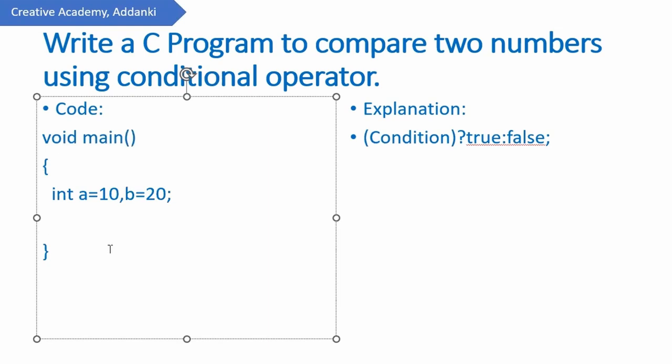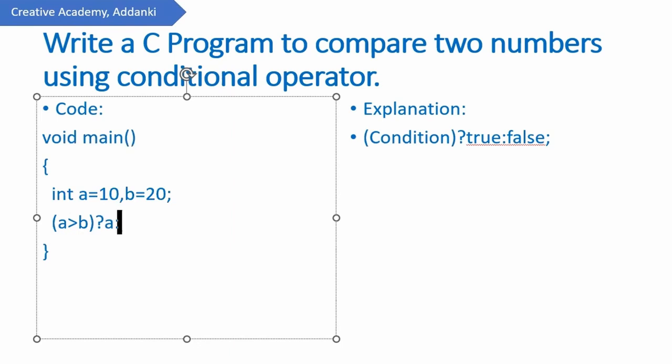So here what will be printed? Suppose I'm specifying the condition directly, a greater than b. If the condition is true, then a will be printed.